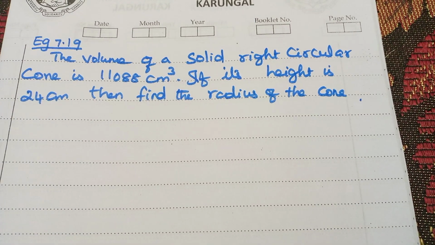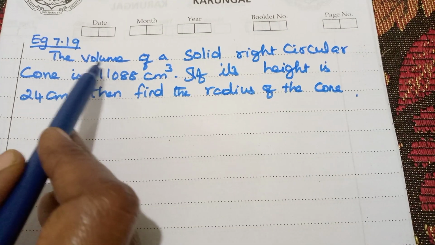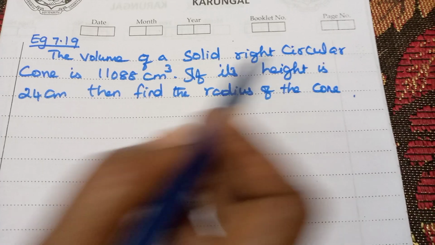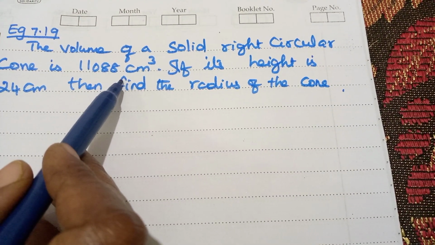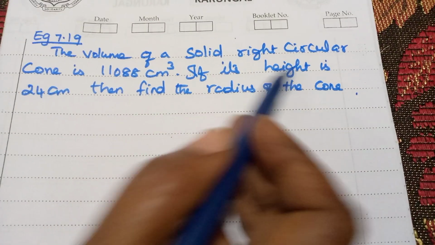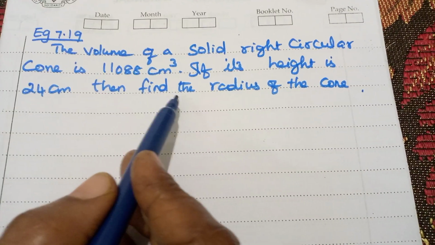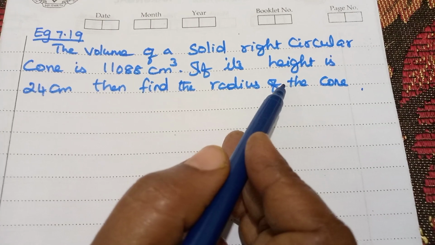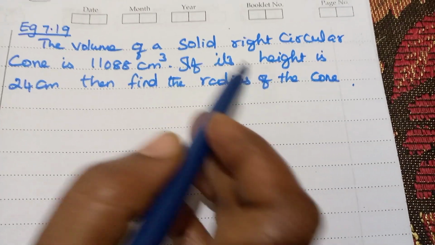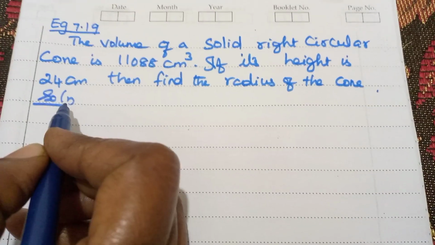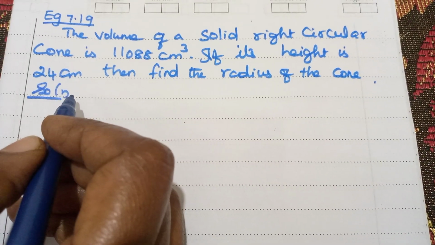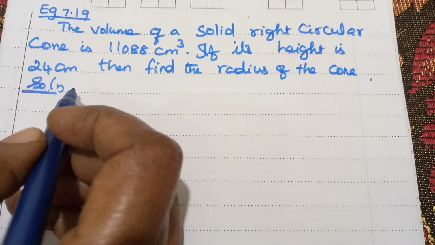Okay, next we are going to do the volume of right circular cone. Example 7.19. The volume of a solid right circular cone is 11,088 centimeter cube. If its height is 24 centimeter, then find the radius of the cone. Okay, so here volume is given, radius we have to find out, height also given, easily we can find out.